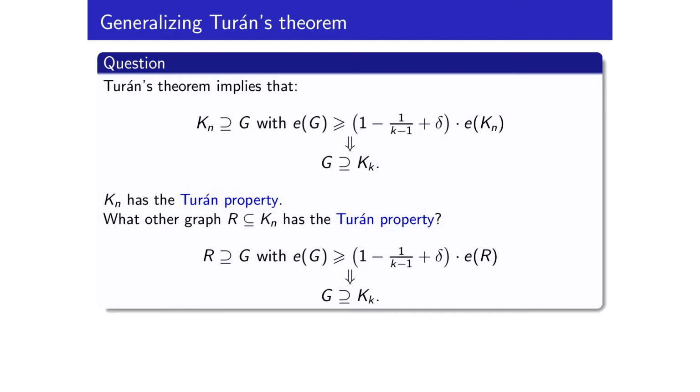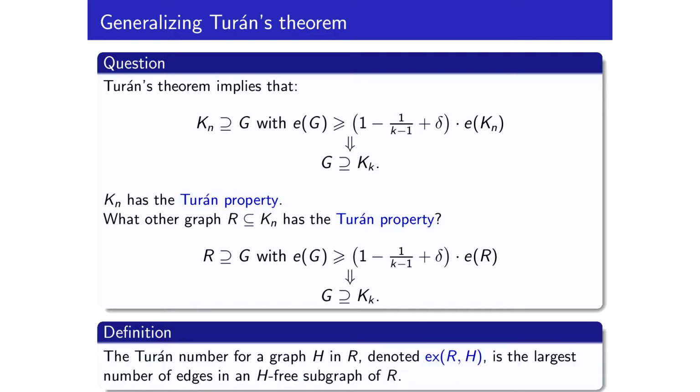So we might ask what other graphs R have this Turán property: take any subgraph G, and if the proportion of the edges of G is as much as we saw, just multiplying instead of the edges of K_n the number of edges of R, then G contains K_k. It's clear that not every graph has this property. For example, if R doesn't contain K_k, then we can keep all of the edges.